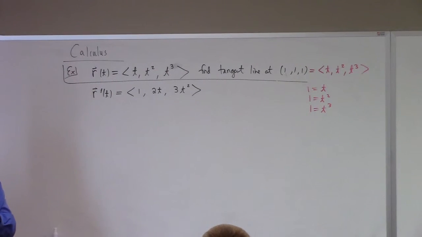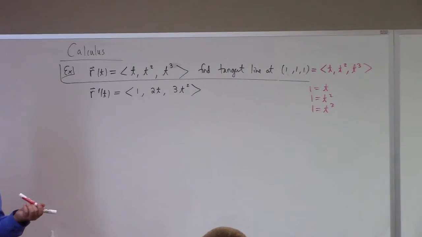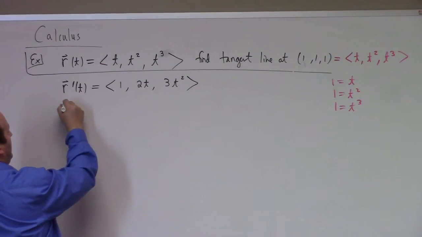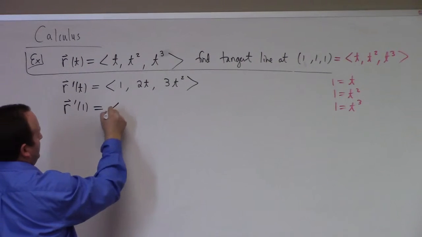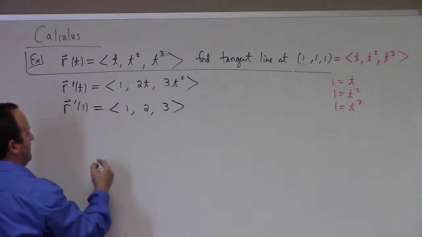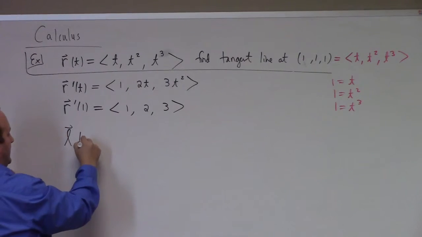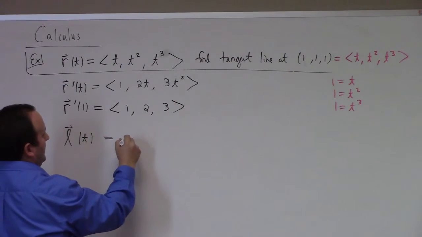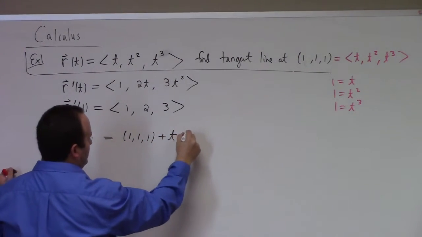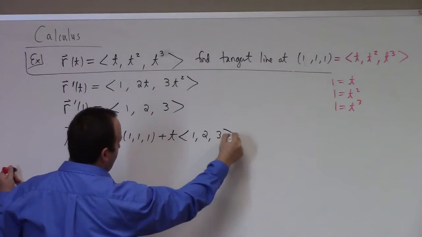Of course, this one is, and the parameter is 1. So r prime of 1 is what? 1, 2, 3. And so the tangent line I'm looking for, L of t, I can just use 1, 1, 1 plus t times 1, 2, 3.